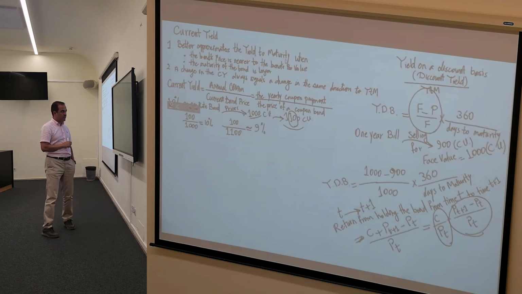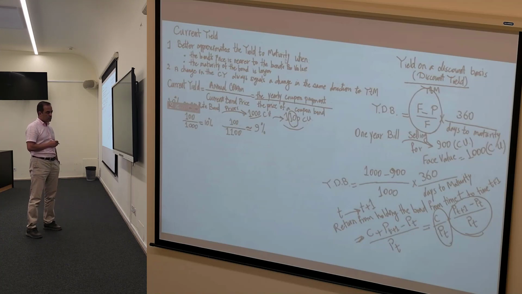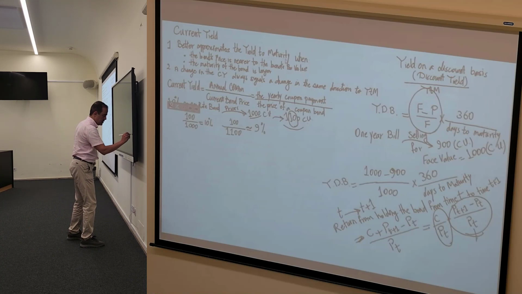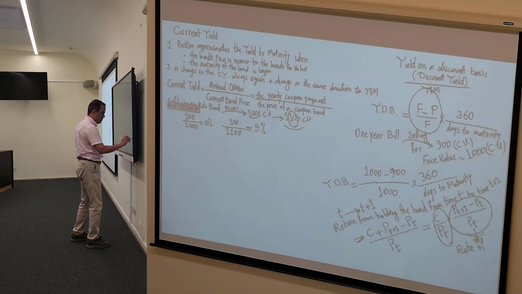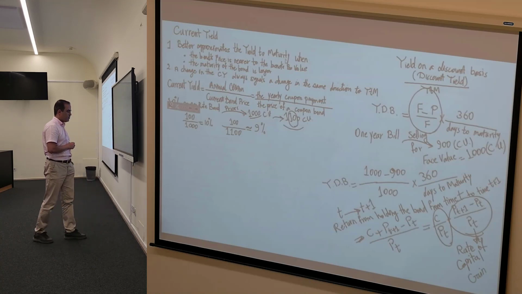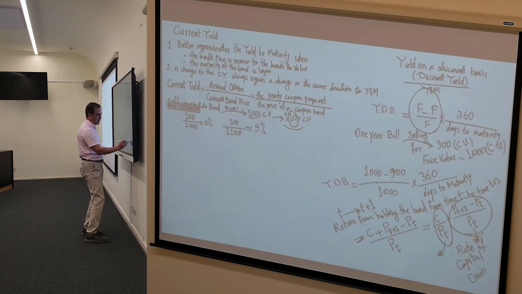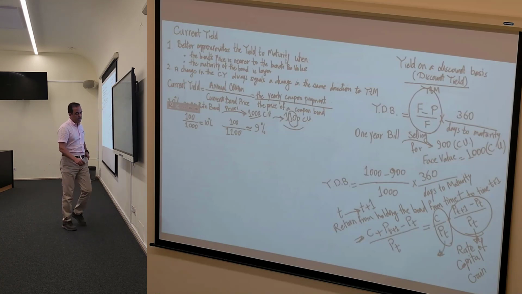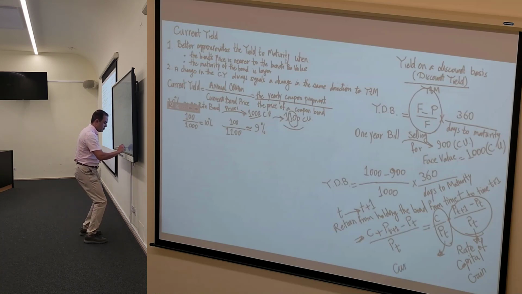So you can see that we have the current yield and also the yield on discount basis. Then we call this one the rate of capital gain, and this one is similar to the current yield that we had here.